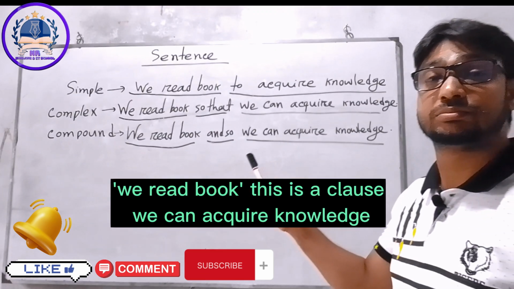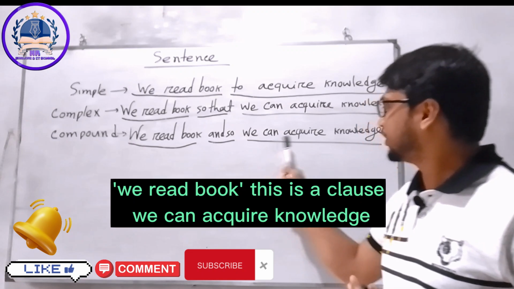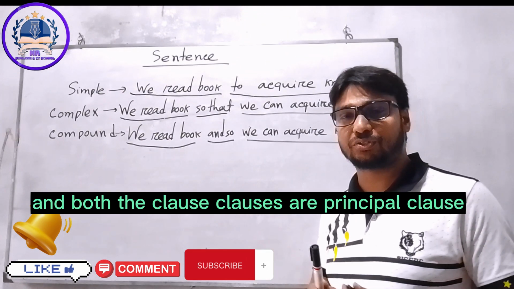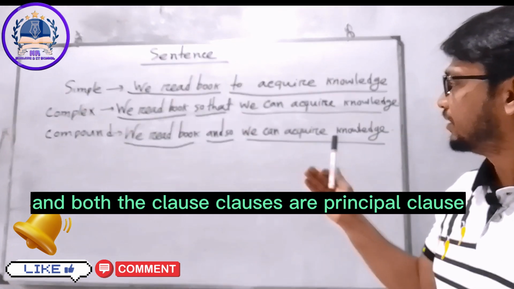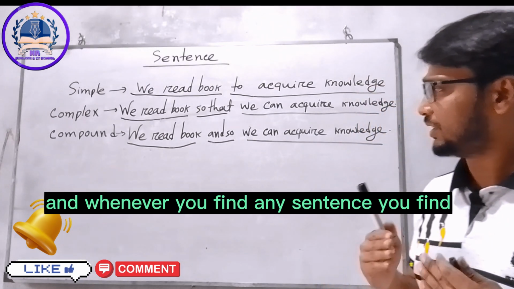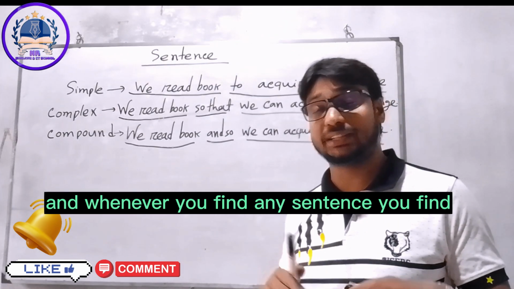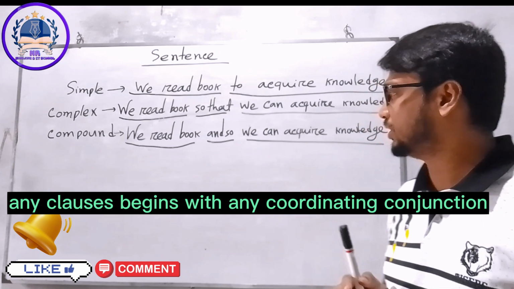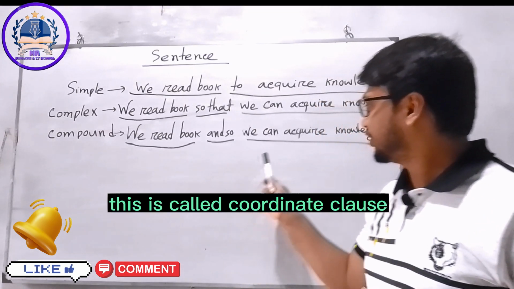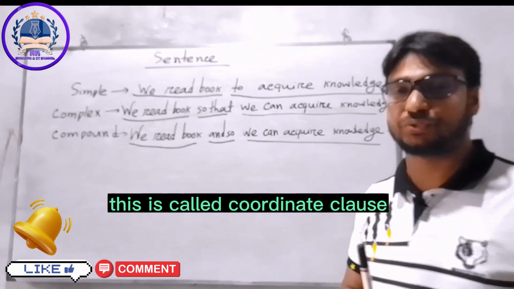We read book, this is a clause. We can acquire knowledge, this is another clause. And both the clauses are principal clauses. And whenever you find any clause that begins with a coordinating conjunction, this is called a coordinate clause.